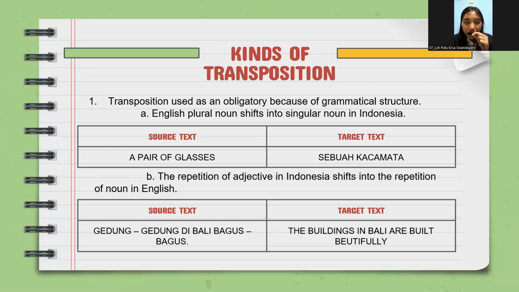Namely, number one is English plural noun shift into singular noun in Indonesian. For example, in source text, a pair of glasses. In the target text, sebuah kacamata. And number two, the reposition of adjective in Indonesian shifts into the reposition of nouns in English. For example, in source text, gedung-gedung di Bali bagus-bagus. And in the target text is the buildings in Bali are built beautifully. Next slide, please.